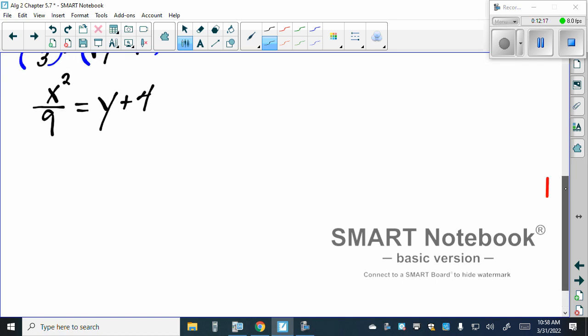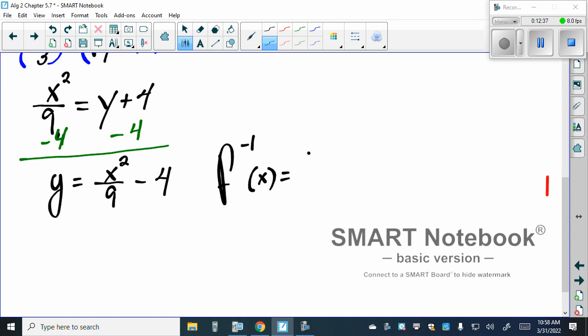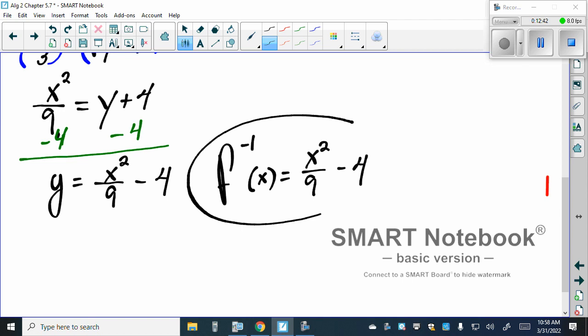Last but not least, subtract 4 from both sides, which will tell us that y is equal to x squared over 9 minus 4. So our f inverse of x is x squared over 9 minus 4. Any questions on this here?